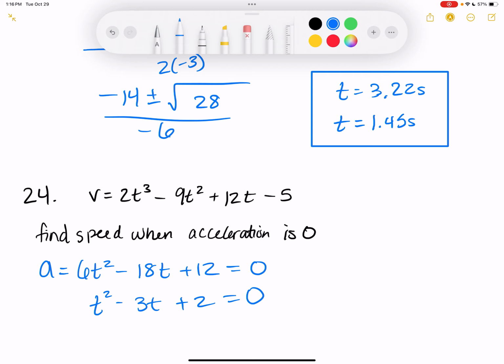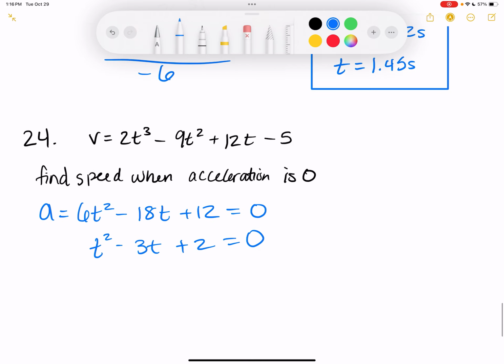What does this factor into? T minus 2, t minus 1, equals 0. So t equals? 2 or 1.